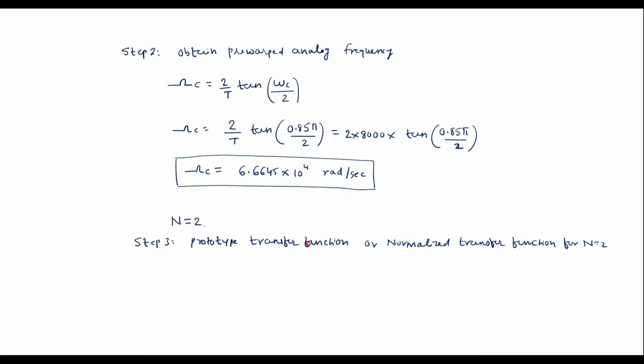For n equal to 2, the prototype transfer function Hp of s is equal to 1 upon s square plus root 2 s plus 1, or it can also be represented as 1 upon s square plus 1.4142 s plus 1.